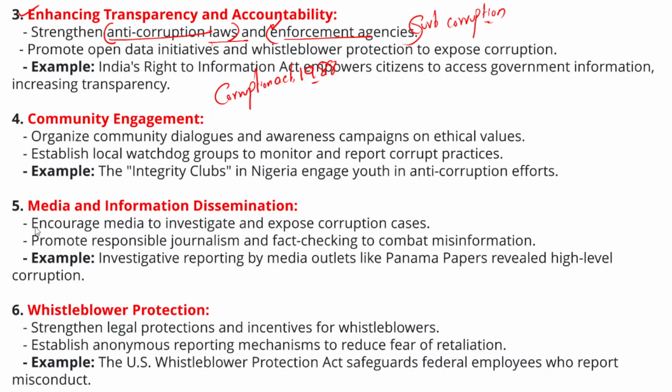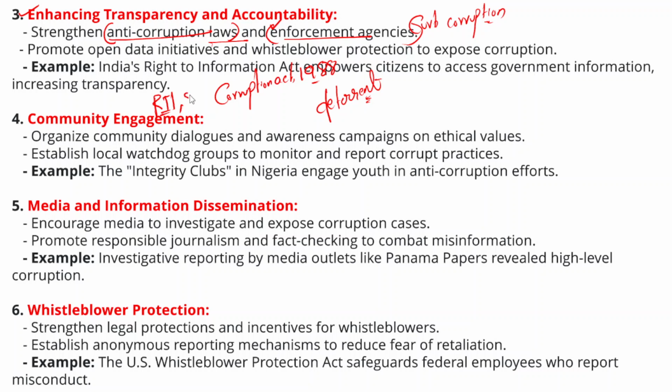This could act as a deterrent on the part of individuals who have been following corrupt practices. If we mention an example, we can mention the Right to Information Act.